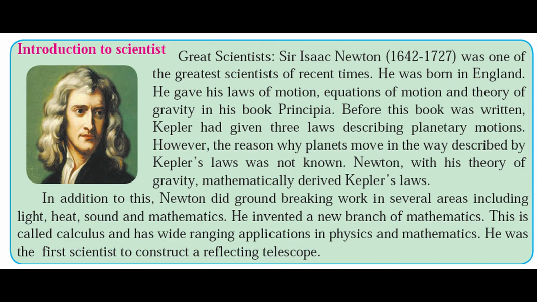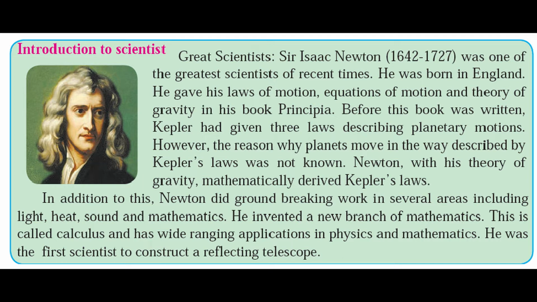There's a little description about Isaac Newton. He was one of the greatest scientists of recent times, born in England, and he's famous for his laws of motion, equation of motion, and theory of gravity, which was described in his book Principia. Before this book was published, Kepler had given 3 laws describing planetary motions.